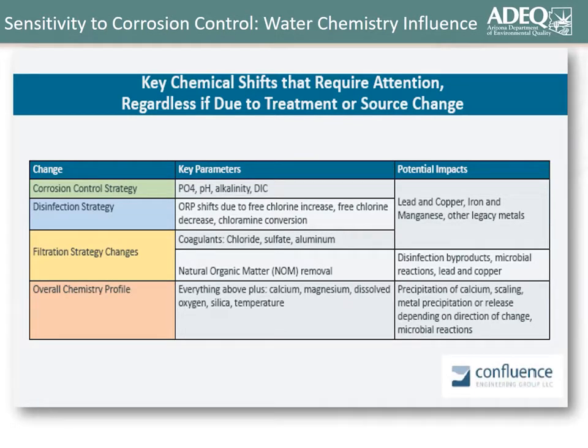Up until the short-term revisions in 2016, when Arizona adopted those, water systems did not have to report to ADEQ if they were doing any long-term treatment changes or source water changes. But since those rule requirements, now we're able to take a more proactive and preventative perspective, looking at some of these key changes, such as disinfection profiles, filtration profiles, and just the overall chemistry profile, especially if a water system is changing their sources from a groundwater into a surface water source.